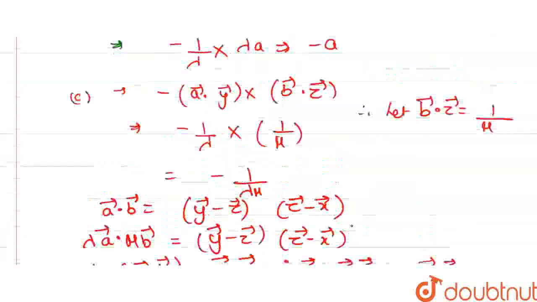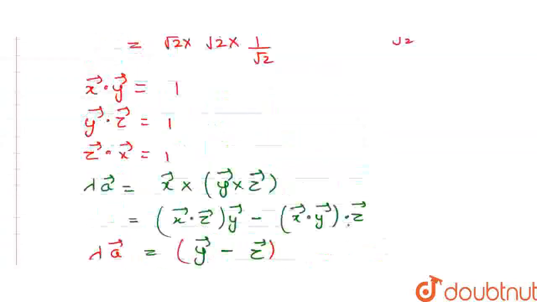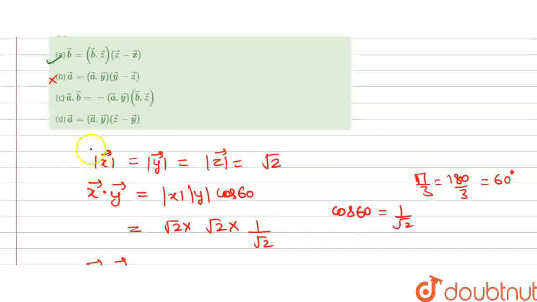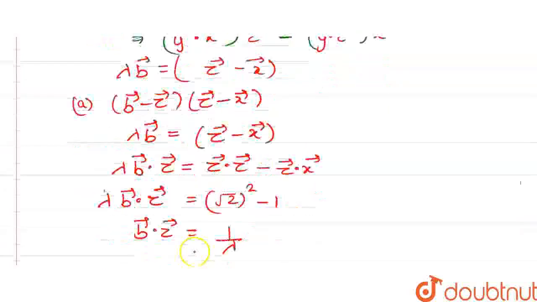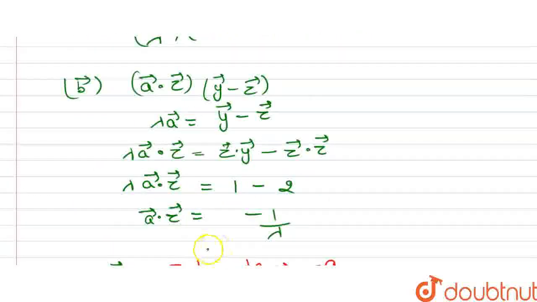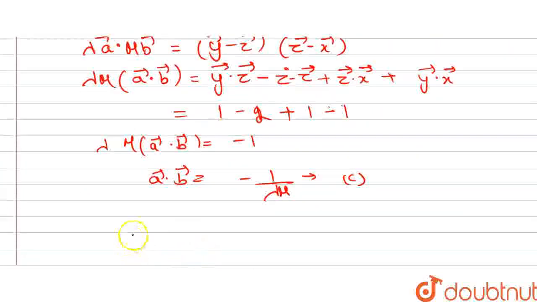And now move on to option D. Option D is a vector is equal to a y into z minus y. As it is the opposite of option B, if B is false, then D must be true here. So we have option D true also.